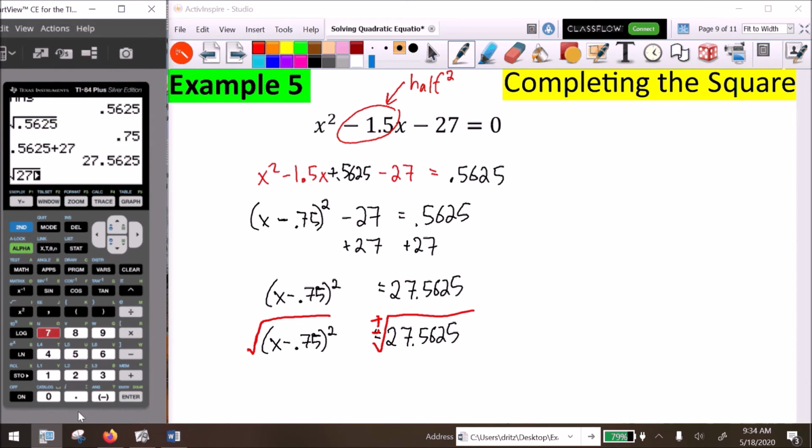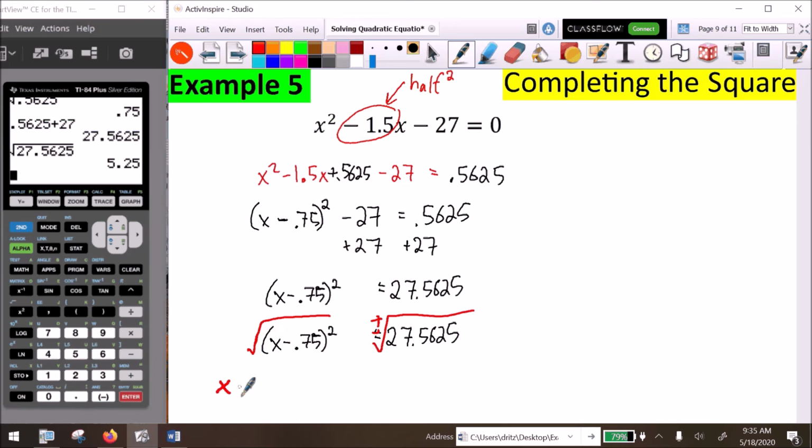All right, so the square root of 27.5625 is 5.25. So we have to get rid of our square root over here. X minus 0.75 squared, the square root of that is just x minus 0.75. And that's equal to the square root of 27.5625, which is 5.25.